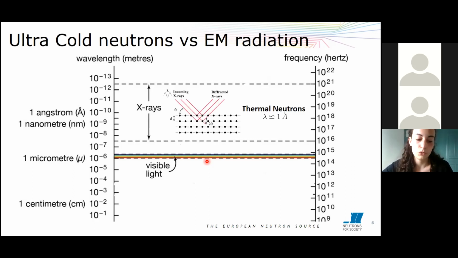Now, when we cool down the neutrons, their energy decreases and the wavelength extends. And with ultra-cold neutrons, we can reach a wavelength of around 100 to 500 nanometers, which is exactly the wavelength of visible light. When we talk about visible light, we know that it's always in terms of collective phenomena, such as reflection or refraction, since the wavelength is so long that it can't distinguish different scatterers, and matter acts as a uniform medium.